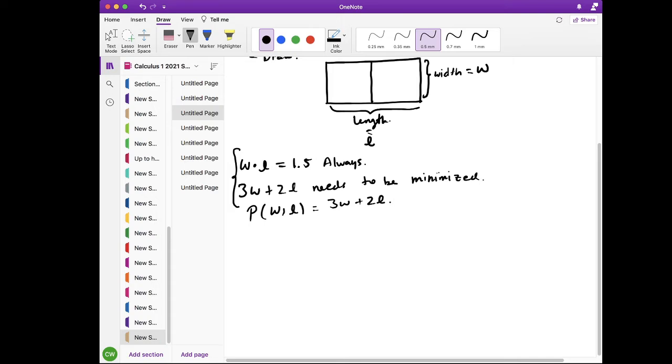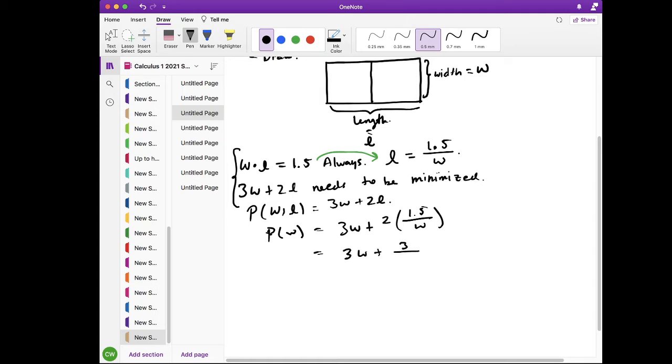It doesn't matter either way, but I'm going to solve for L just because I don't like decimals. Do you see why? Because when you substitute in for L, you get 3. So it's 3W plus 3 divided by W.